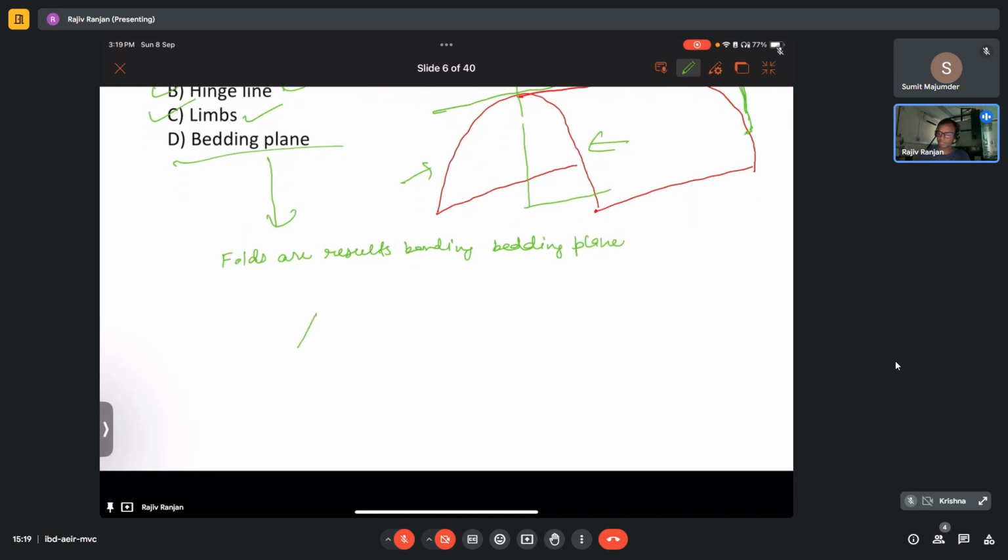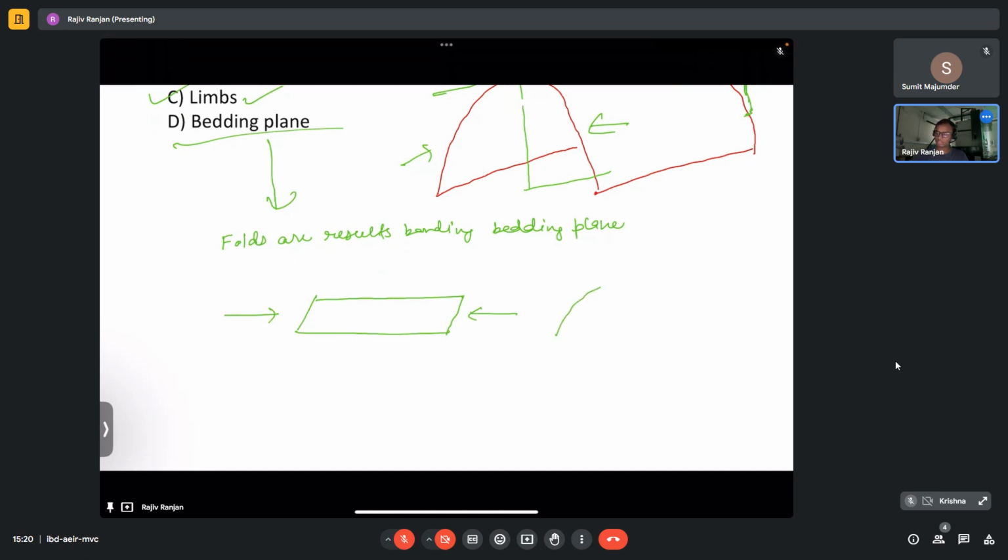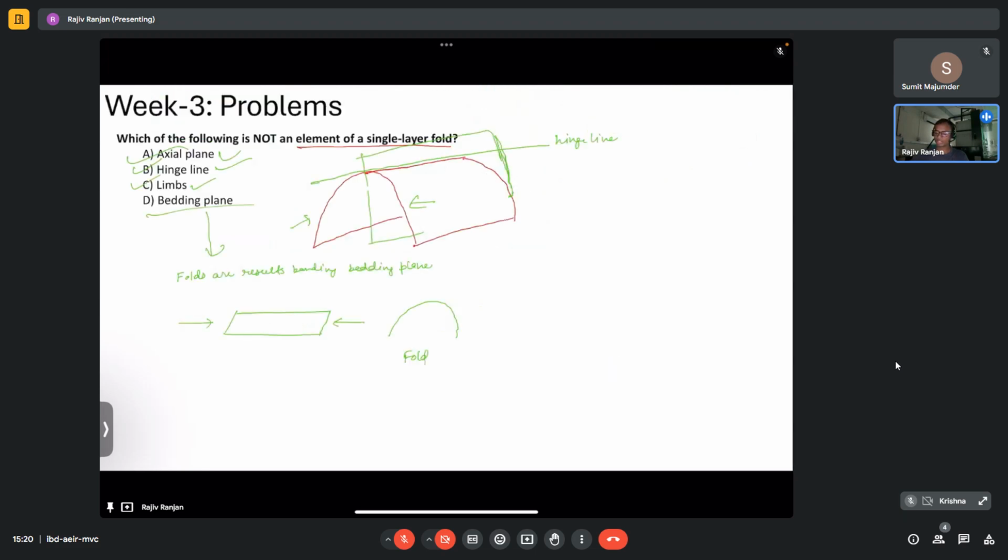So when you have a bedding plane, and it gets folded due to stresses of different orientations, then it becomes a fold. So that is why option D is incorrect.